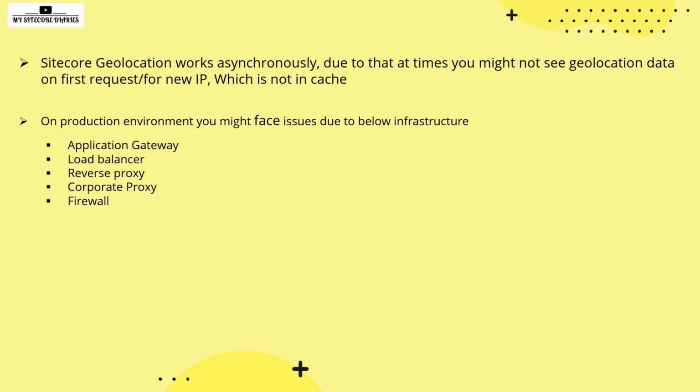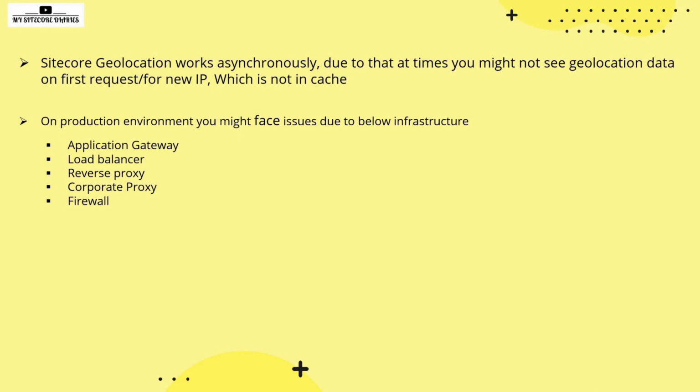Another problem you might face is on your production environment. You may find that everything is working on the local environment but not on the production environment, because it is a controlled environment. Wherever it is a controlled environment, you might have firewall rules which might be blocking the domains of this GeoIP service.